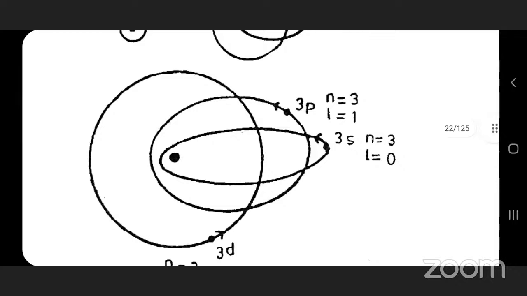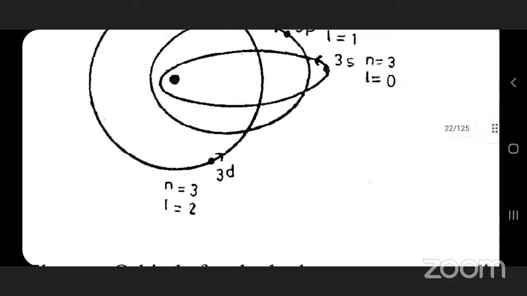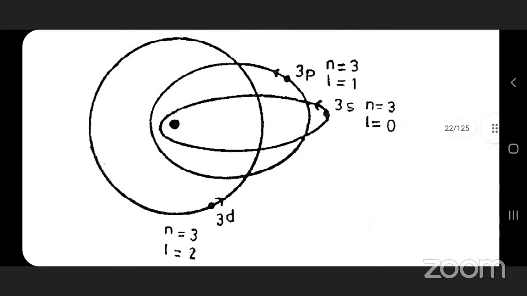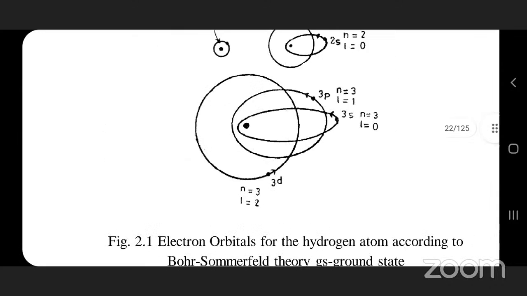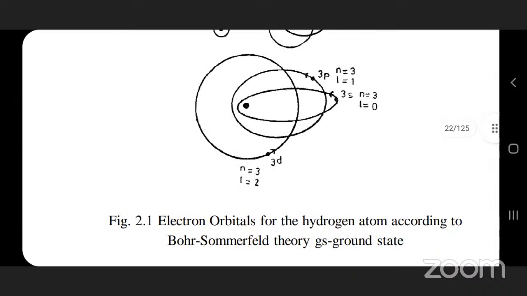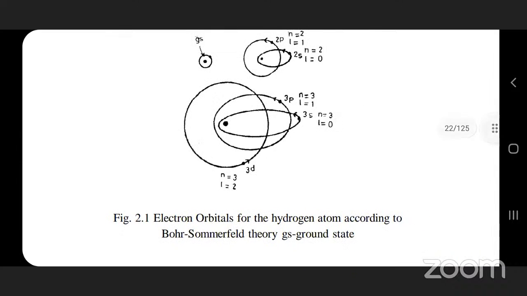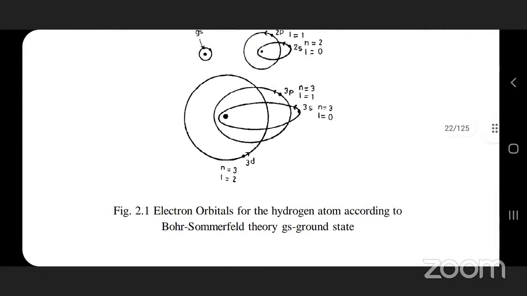Similarly for n equals 3, we have 3S, 3P, and 3D. So these are the different electron orbits for the hydrogen atom according to the Bohr-Sommerfeld theory. GS means ground state level.